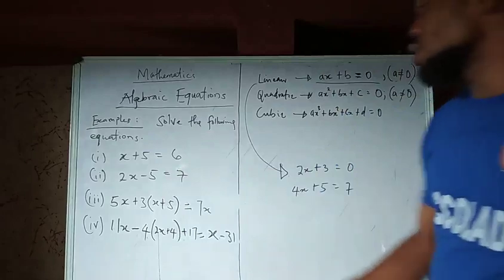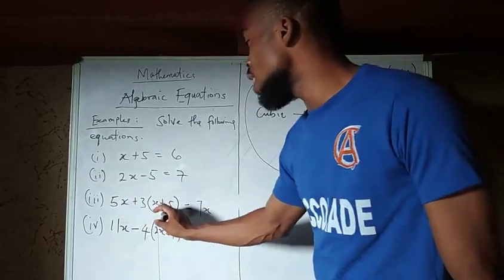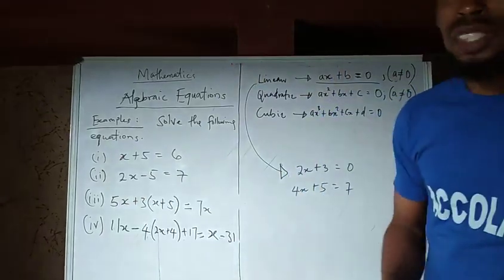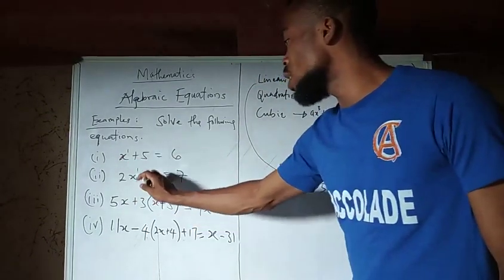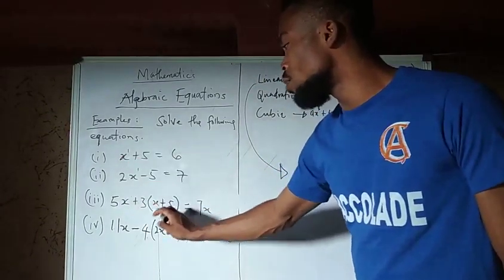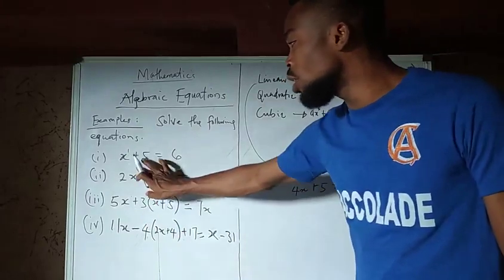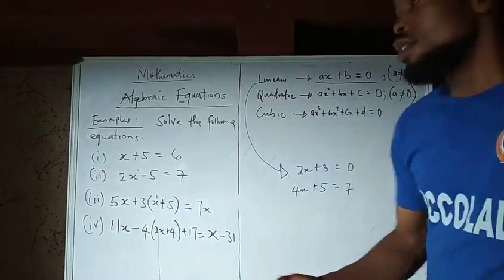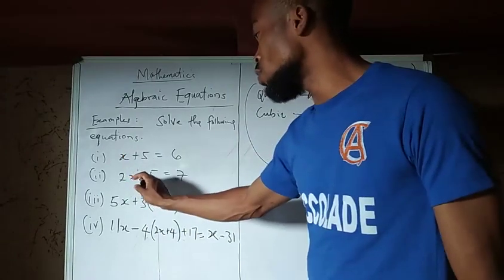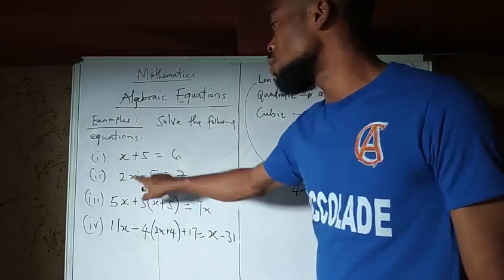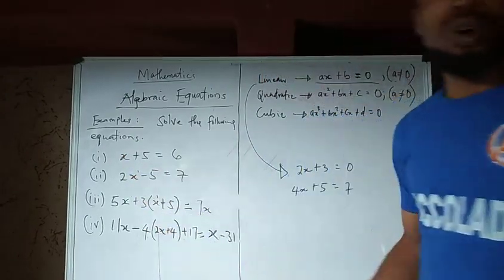Why are they linear equations? Because the variable, which is x, is raised to the power of 1. There is no number on the variable as a power, so we can just say that we have x raised to the power of 1, and same goes all through.